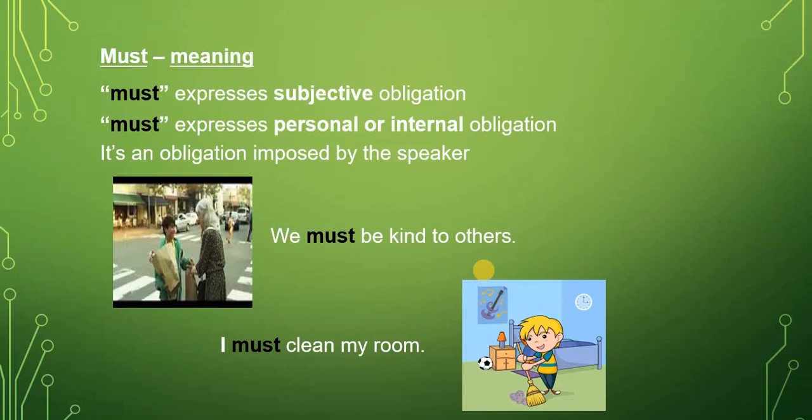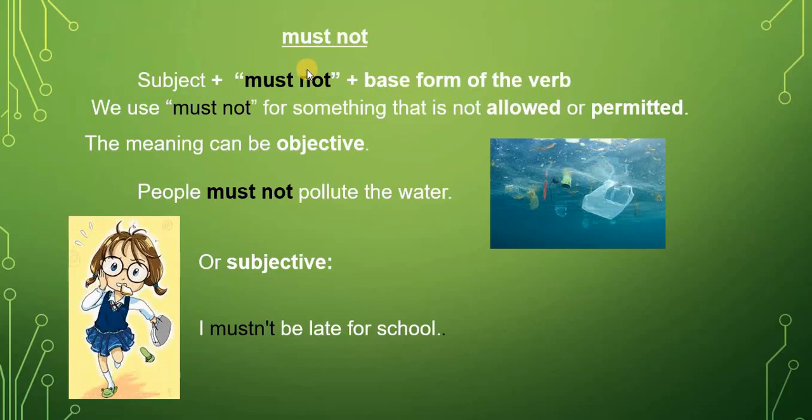It's personal. Must not. Subject plus must not plus base form of the verb. The form is subject followed by must not followed by base form of the verb. And the meaning of must not, well, we use must not for something that is not allowed or permitted.